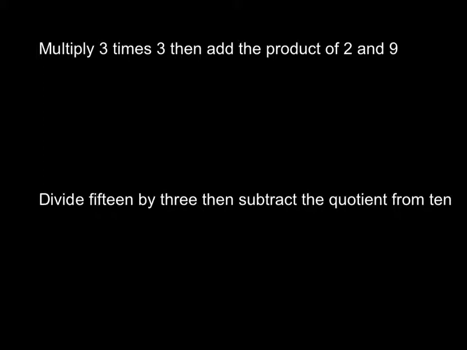Our next example says multiply 3 times 3, then add the product of 2 and 9. So I see multiply 3 times 3, which I know is going to look like 3 times 3. "Then" is a keyword. "Then" tells me that multiplying 3 times 3 has to happen first. So I can go ahead and add parentheses around my problem. Then add the product of 2 and 9.